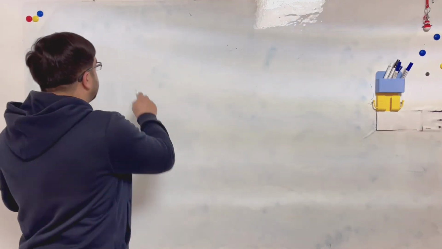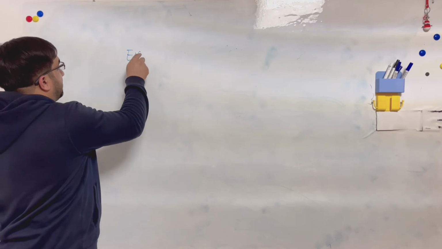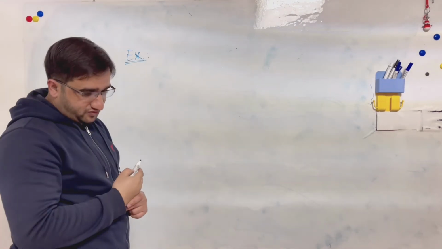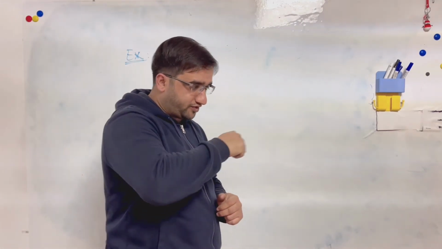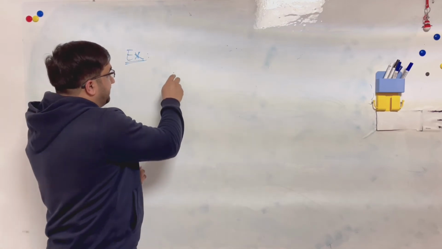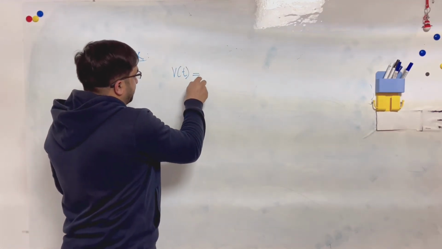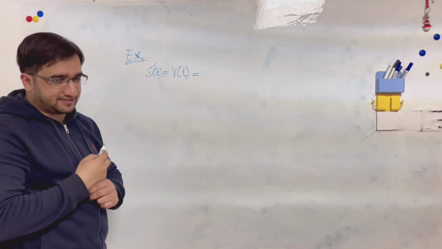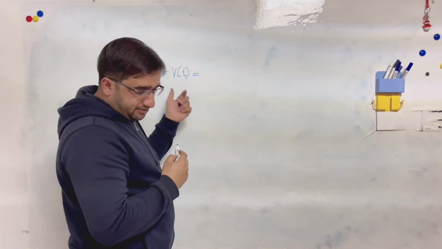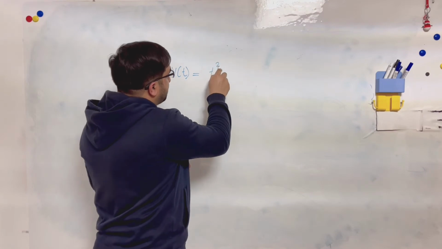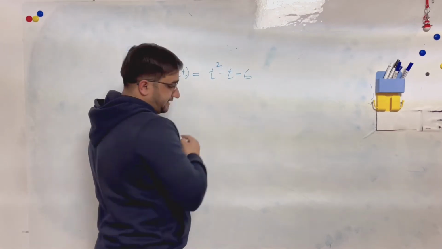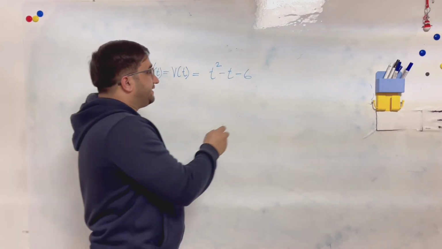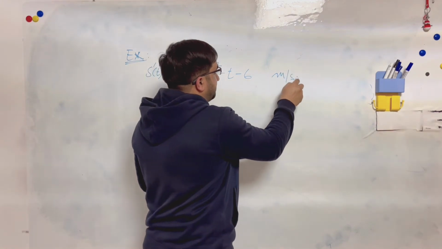So the example says a particle is moving along a straight line, the x-axis, with this velocity function, which is a derivative of the distance. The velocity function is given as t square minus t minus 6, and the unit is meter per second.